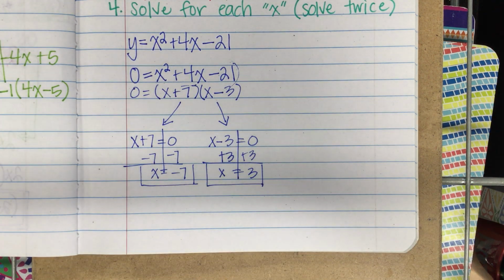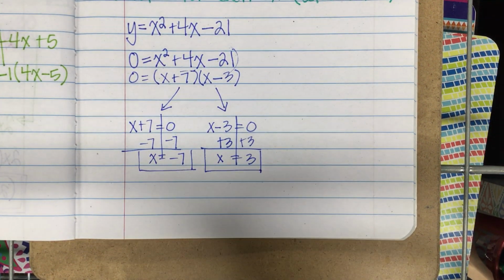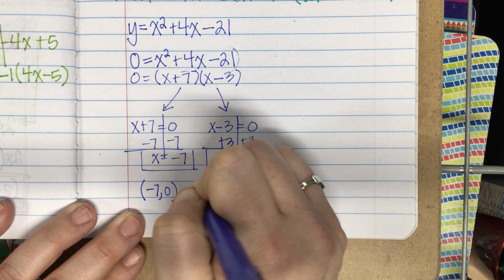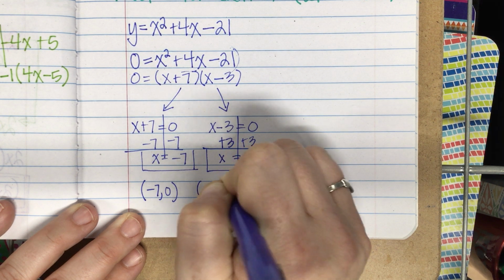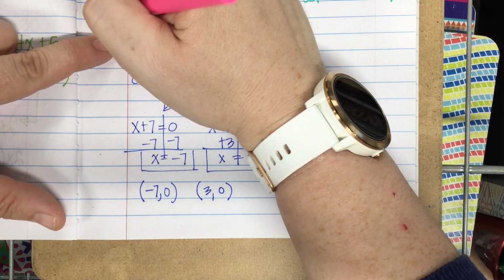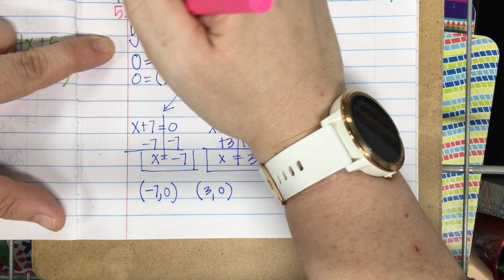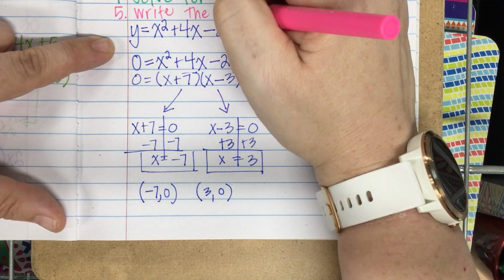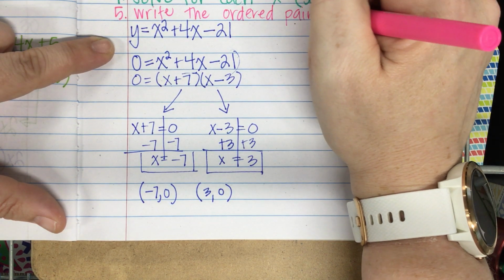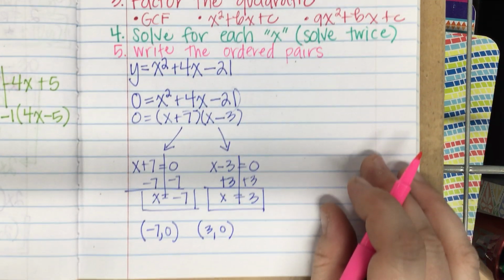My solutions, though, I guess I should put in number 5, are ordered pairs. So I'll add that step 5 up here. Write the ordered pairs.